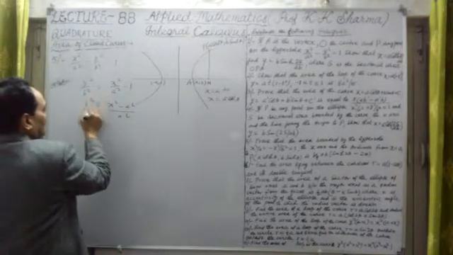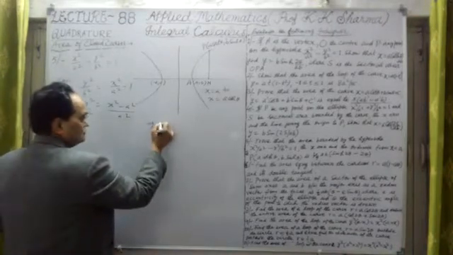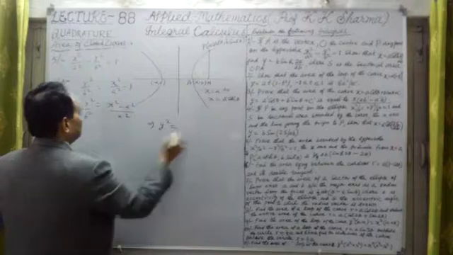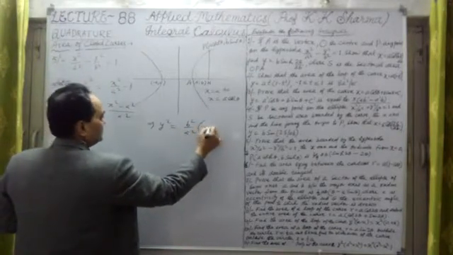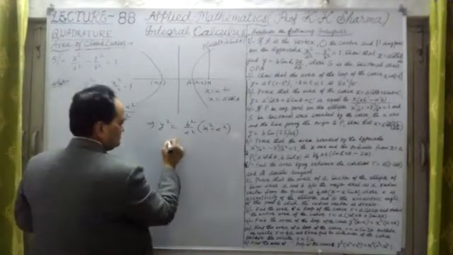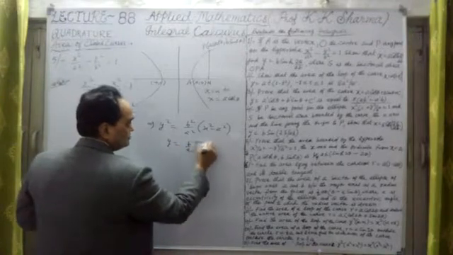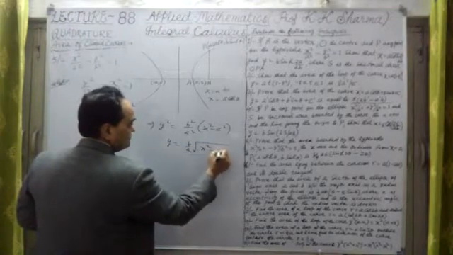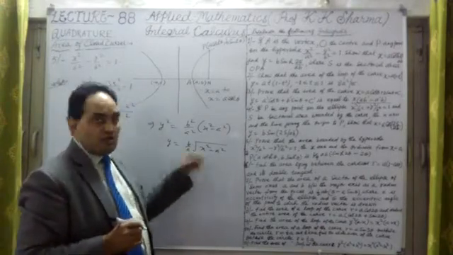Further, if I solve it, y square is equal to b square upon a square within bracket (x square minus a square). What is the value of y here? So y is equal to b upon a square root of (x square minus a square). We have to take the positive value.